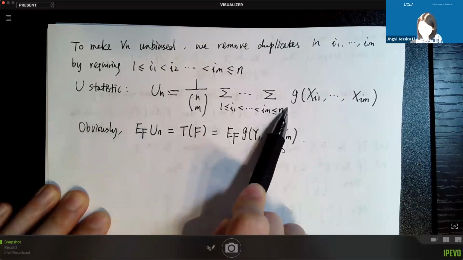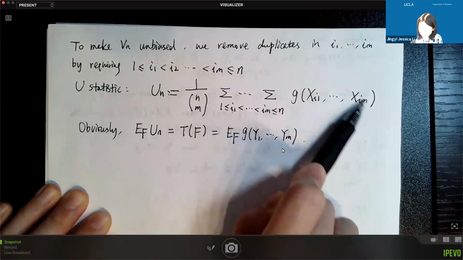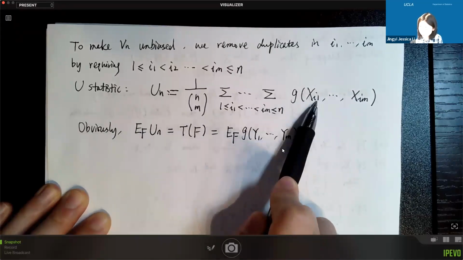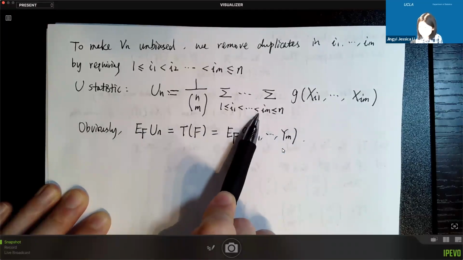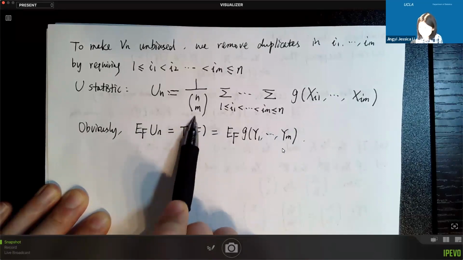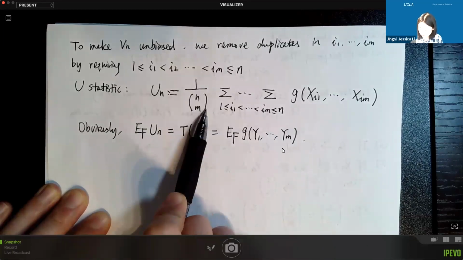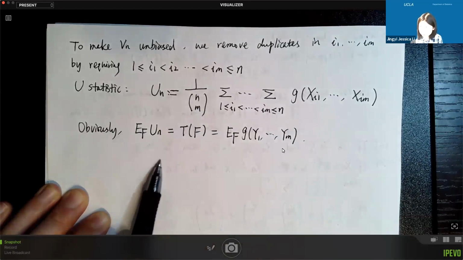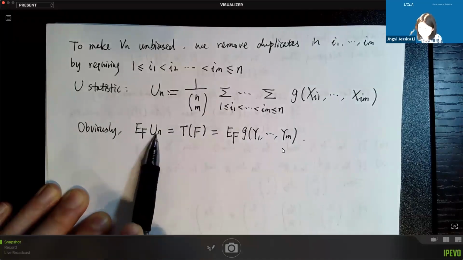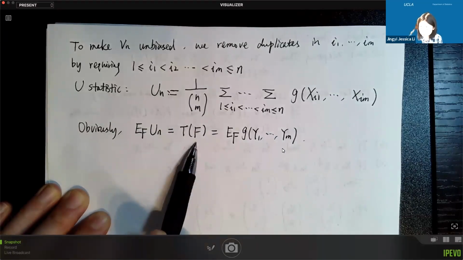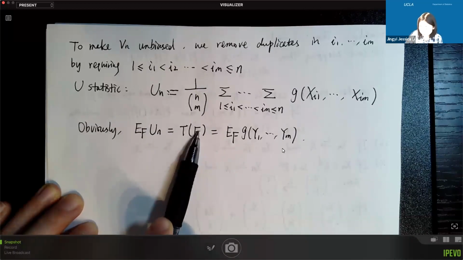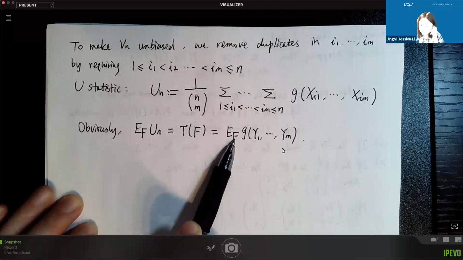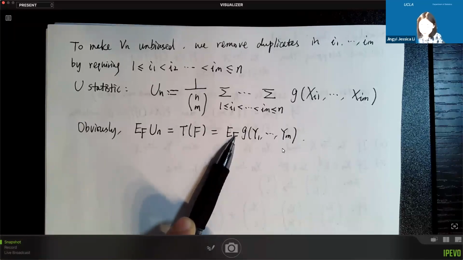We add that constraint, only considering x_i1 to x_im that are not equal to each other, and we take the average over all the possibilities, n choose m. Obviously in this case, U_n's expectation is equal to T(F), the parameter we're originally interested in, defined by the expectation functional. So that's where we were before the Thanksgiving break.